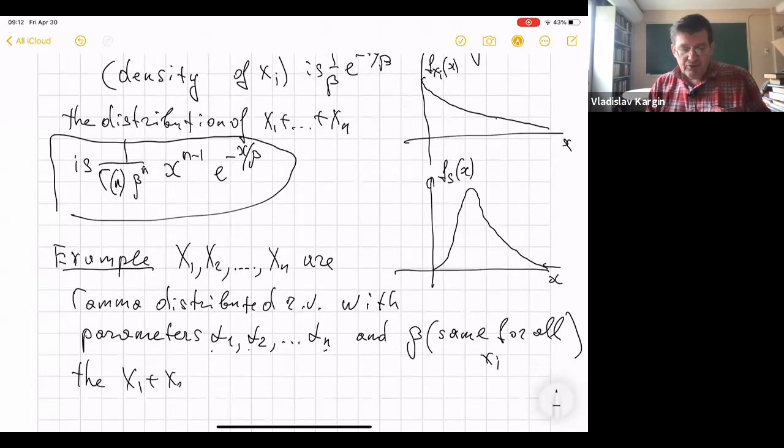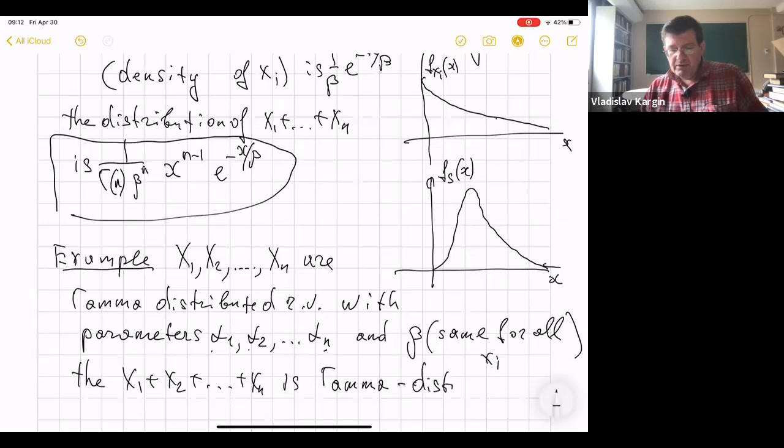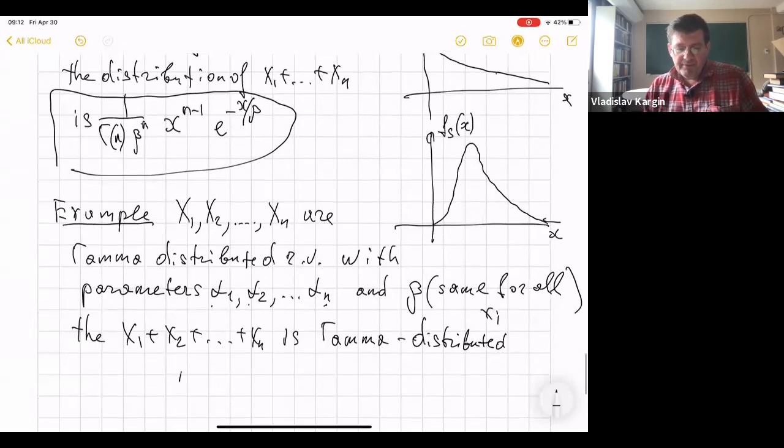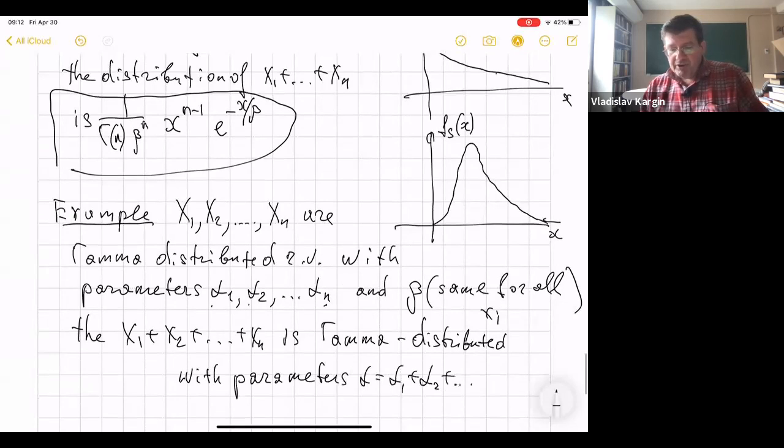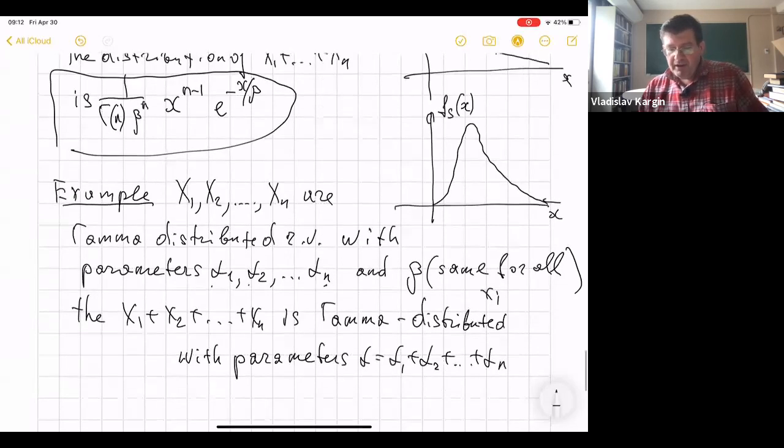x1 plus x2 plus so on plus xn is gamma distributed with parameters alpha equal to the sum alpha 1 plus alpha 2 plus so on plus alpha n, and beta.